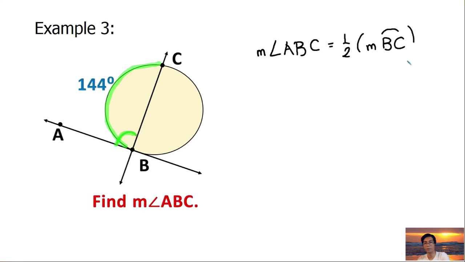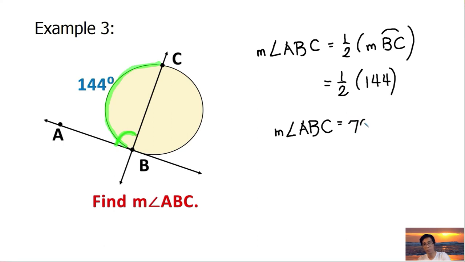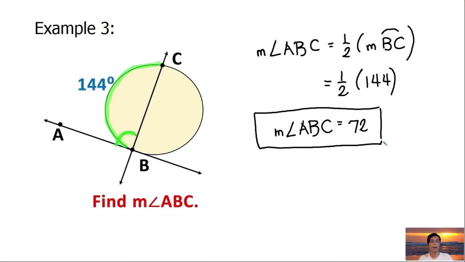So, equal siya sa 1/2 of 144. Binigay na, no? So, therefore, the measure of angle ABC equals 1 half ng 144 is 72. So, this is our final answer. Magbigay naman tayo ng example na arc yung nawawala.